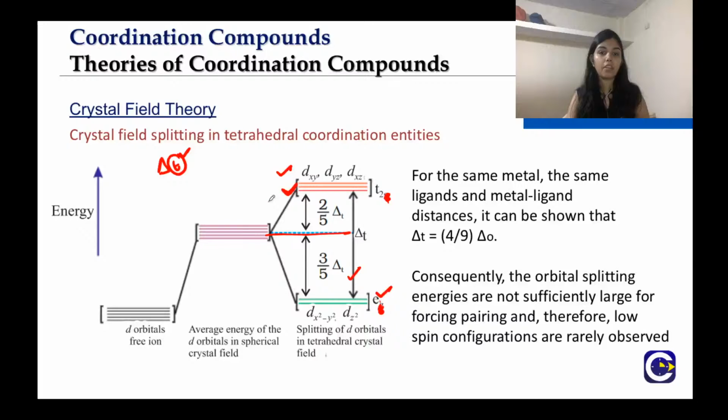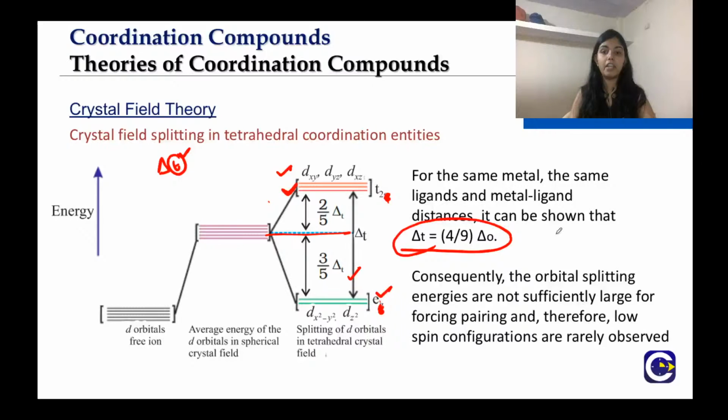Now, this is a very important thing: delta T is much smaller than delta O. That means the tetrahedral crystal field splitting is much lower than the octahedral crystal field splitting.